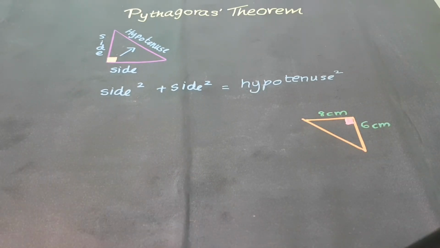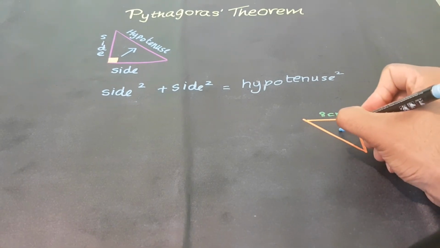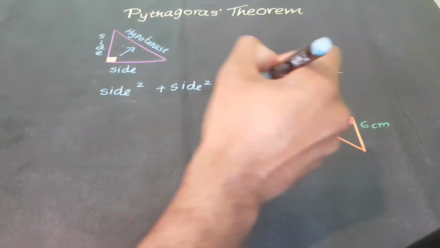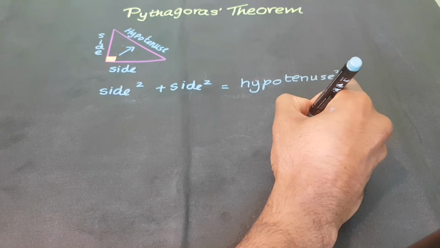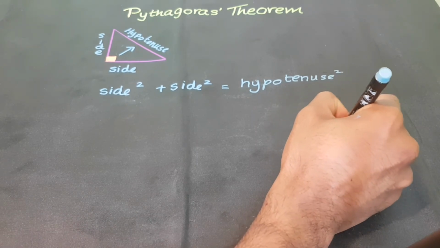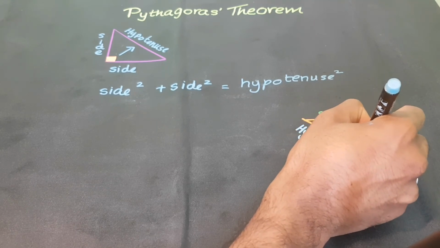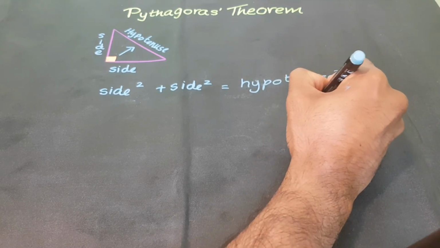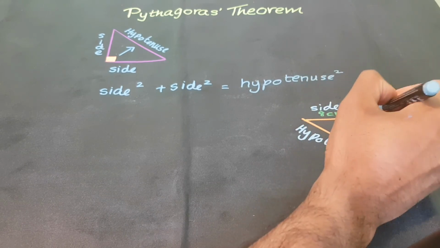Alright, and then the side opposite it is the hypotenuse. Label it. That's my hypotenuse. And that's a side, and that's another side.